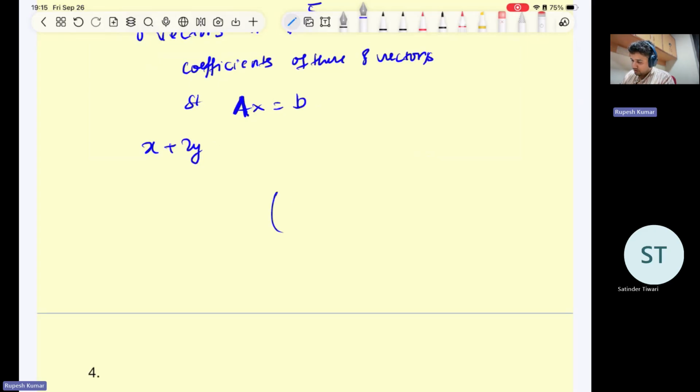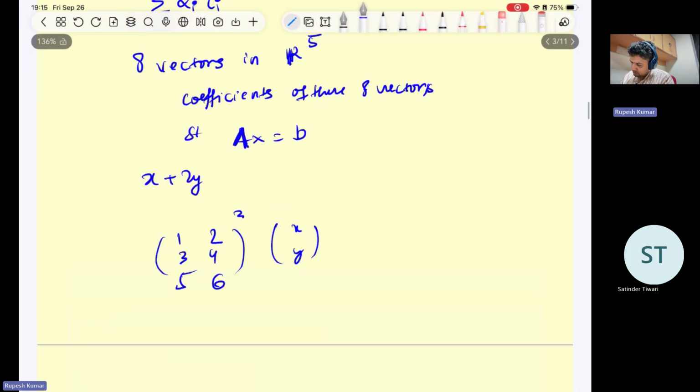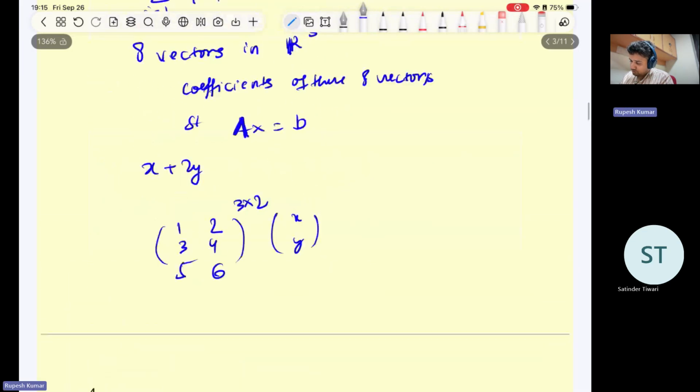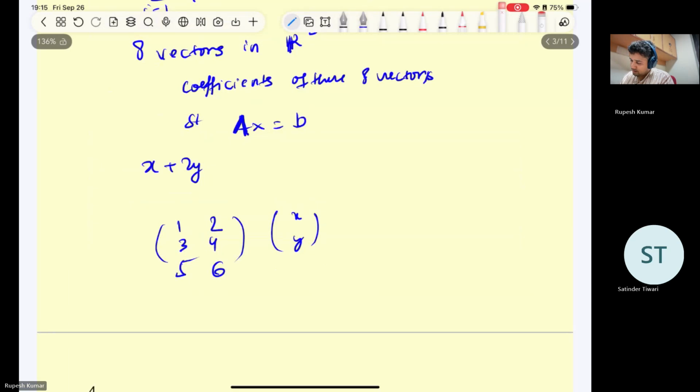So you write x, y here and then you write the coefficients, and you can always change the numbers. So you can have 1, 2, 3, 4, 5, 6. So this is a 3 cross 2. No, we are trying to look at the 2 cross 3 case.